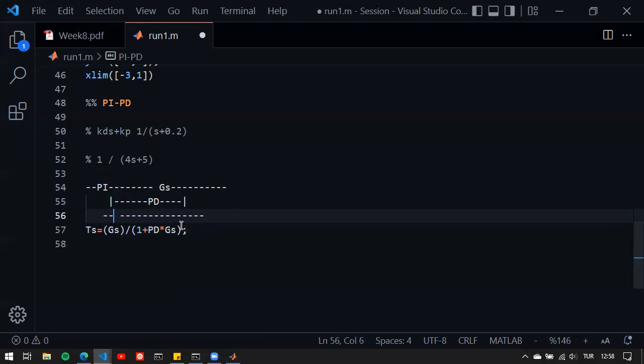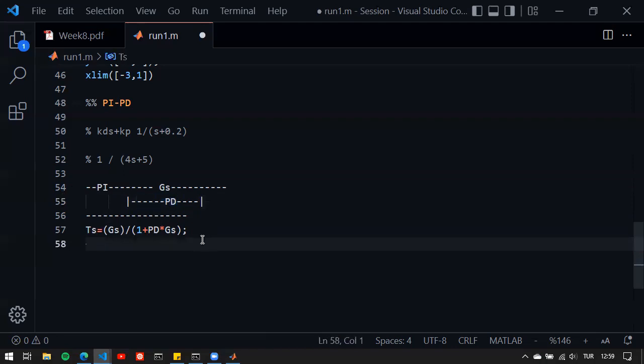We have basically decomposed the PID controller in terms of PI and PD parts. We've placed the PD part into the feedback loop, and then we have the PI controller with another loop. So we have basically 2 loops now instead of 1. But this will hopefully get rid of the zero of the PD controller.